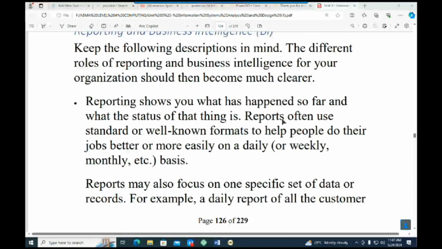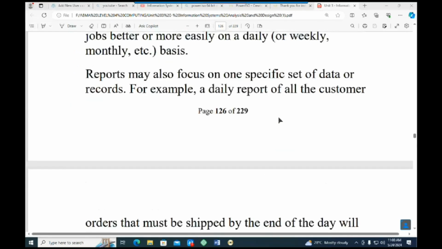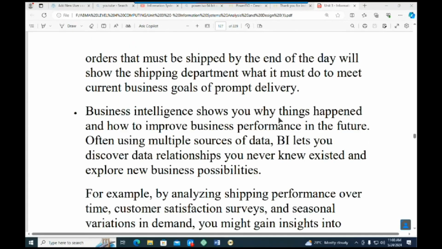The first one is that reporting shows you what happened so far and what is the status of that thing. When you're reporting something, it is going to show you things that already happened previously and the current status of a particular thing. Reports at times will focus on one specific set of data or maybe records.